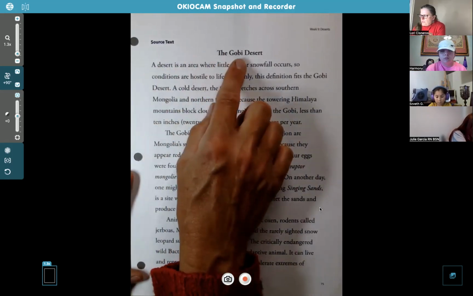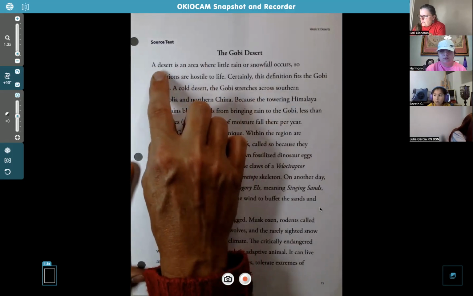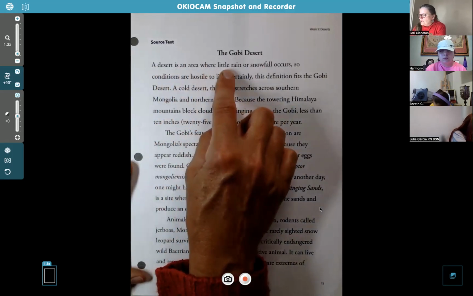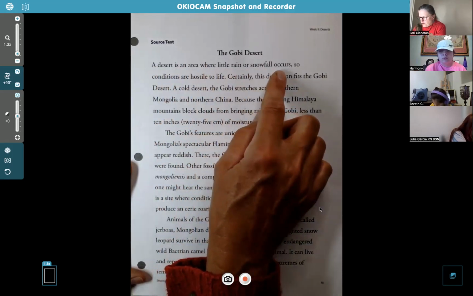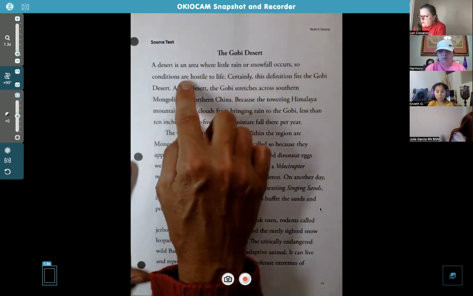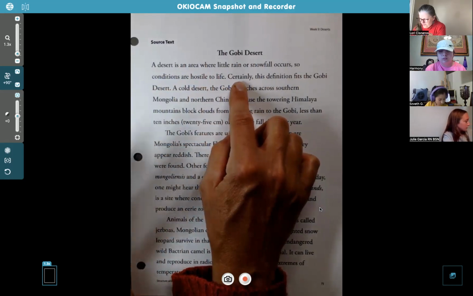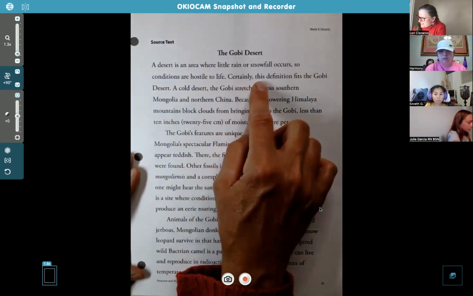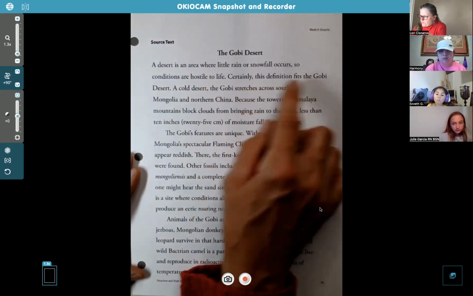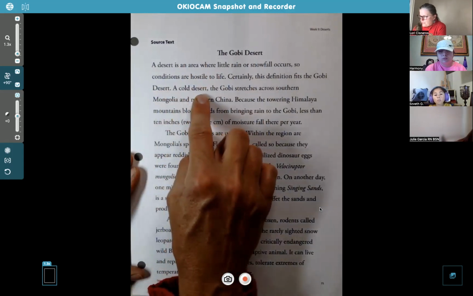It's called the Gobi Desert. A desert is an area where little rain or snowfall occurs, so conditions are hostile to life. Certainly, this definition fits the Gobi Desert, a cold desert.